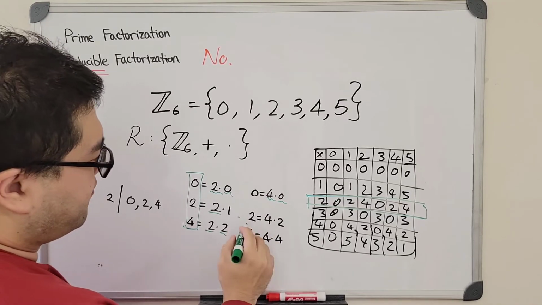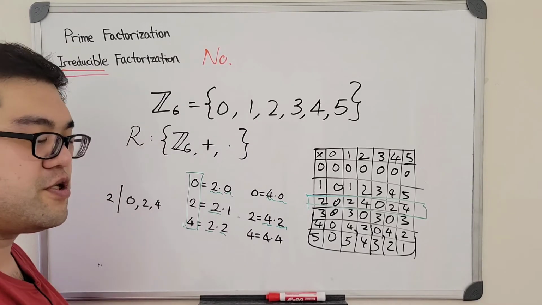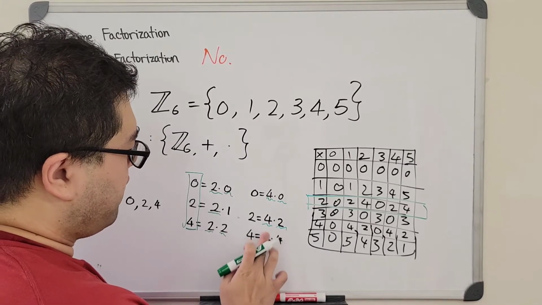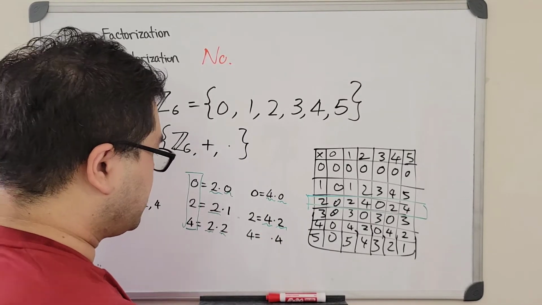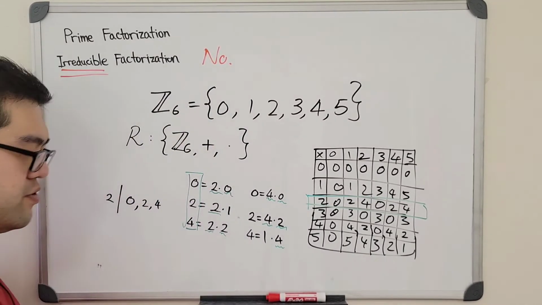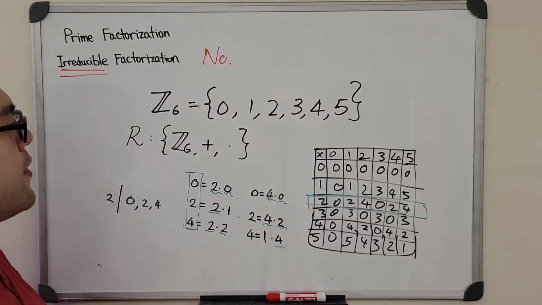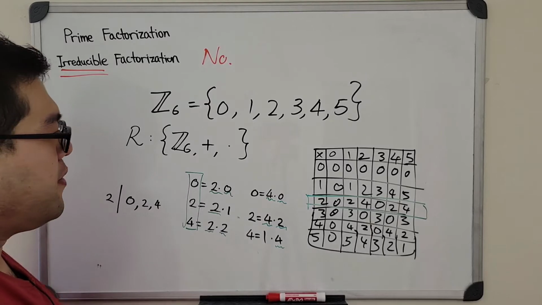Or for the fourth case here, 2 can be written as 4 times 2. Or such as here, 4 is equal to 1 times 4, but 4 is still a multiple of 2. So we have just shown that 2 is actually a prime in this particular ring.